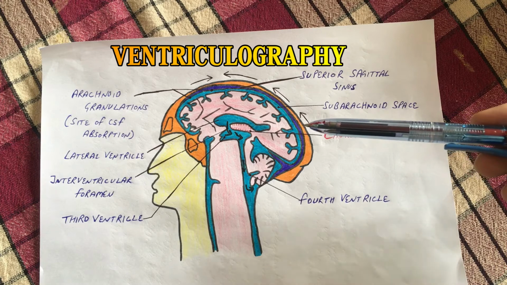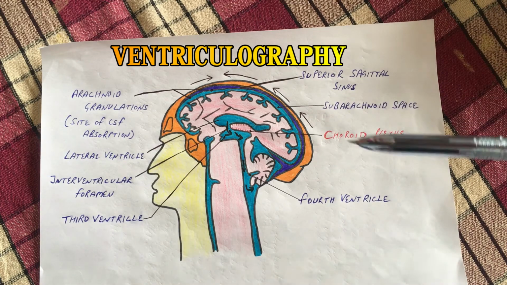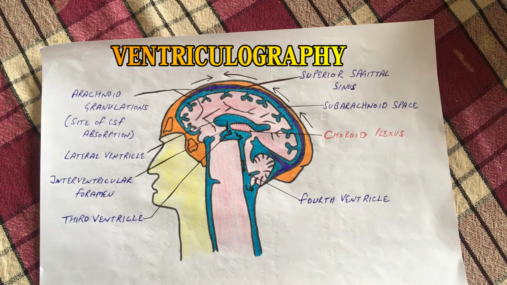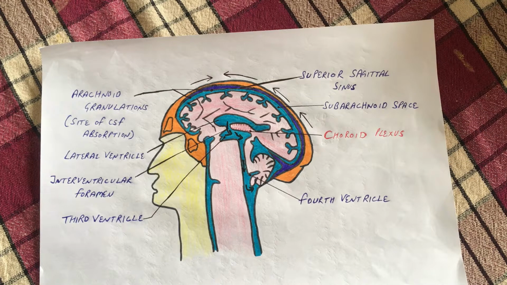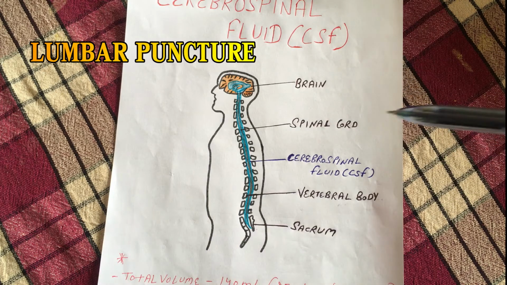Clear? And the last I will talk about is lumbar puncture, a very important technique used in day-to-day clinical practice. Samples of CSF are often required for clinical diagnosis, like in cases of meningitis, TB of the brain, and other clinical conditions.